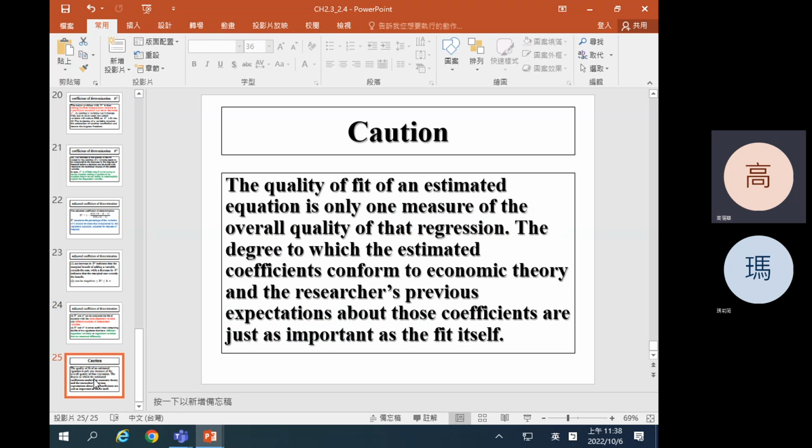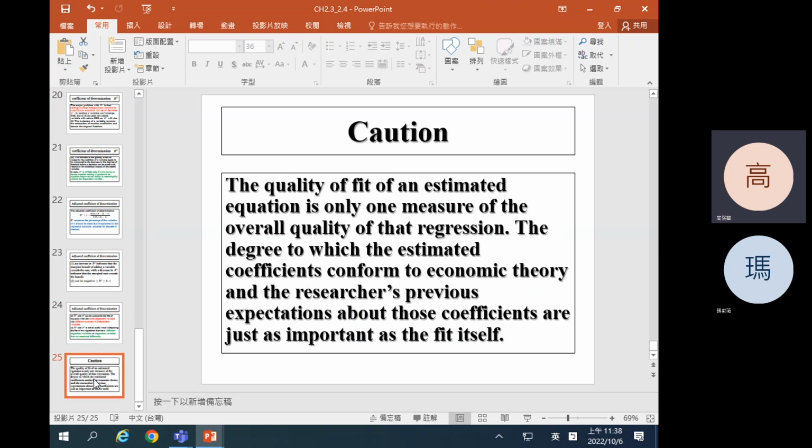The quantitative fit of an estimated equation is only one measure of the overall quality of the regression. So do not use only adjusted R squared to measure the overall quality of the regression. We consider that as one of the measurements.